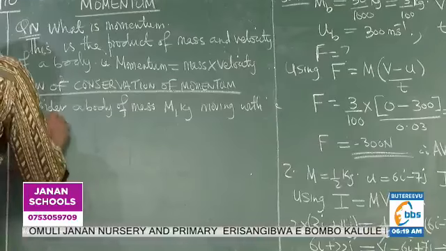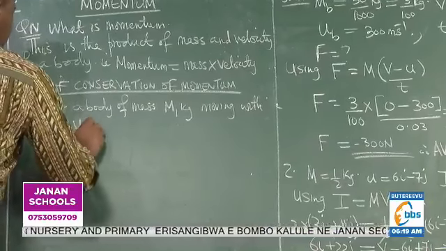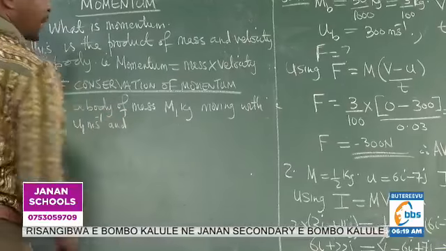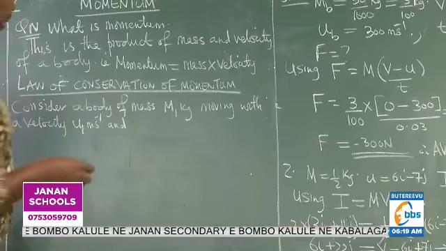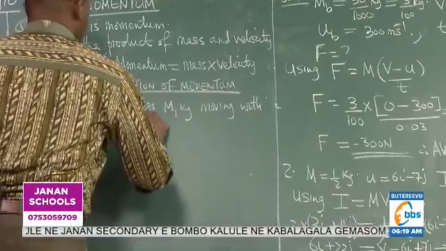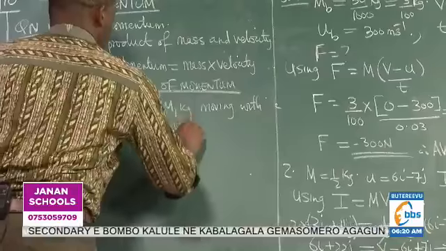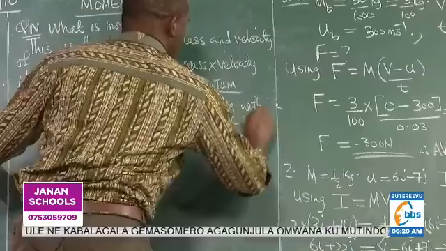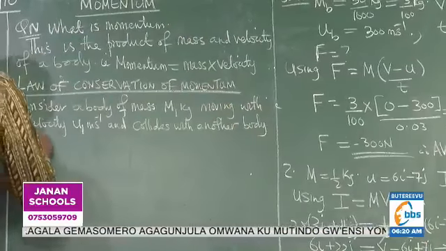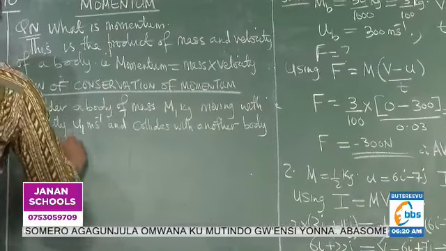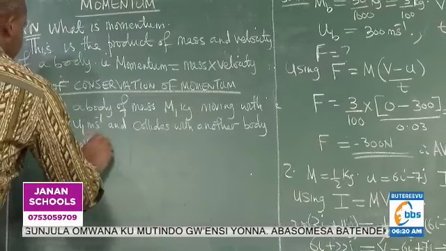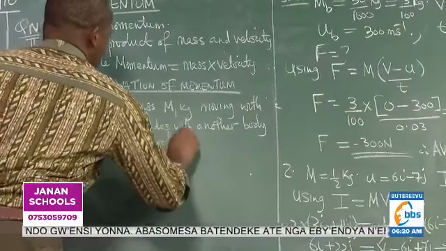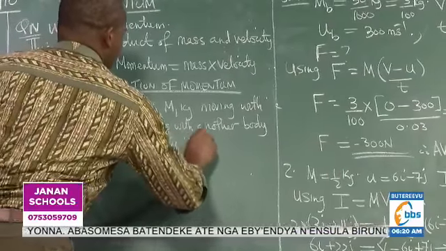If we consider this body is moving with a velocity u1 meters per second, and this body eventually collides with another body, if it collides with another body of mass m2 kilograms, also initially moving with a velocity u2 meters per second.